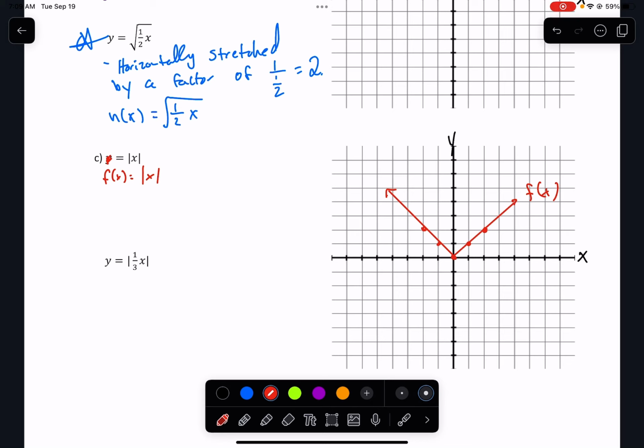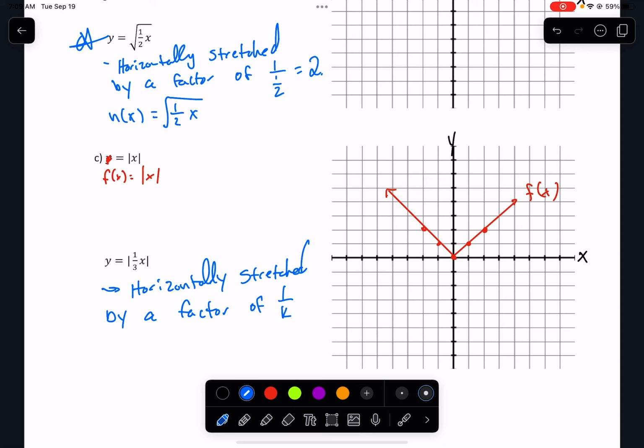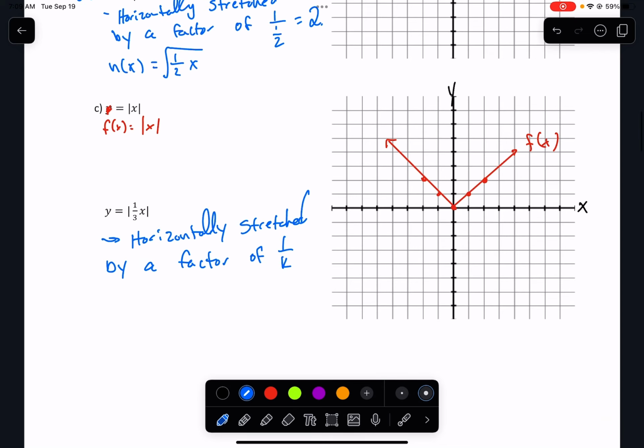Well, this has been horizontally stretched, again, by a factor of 1 over k, where 1 over 1/3 turns into 3.